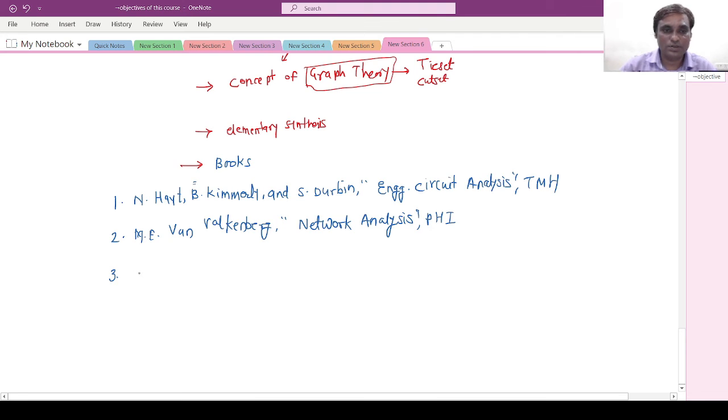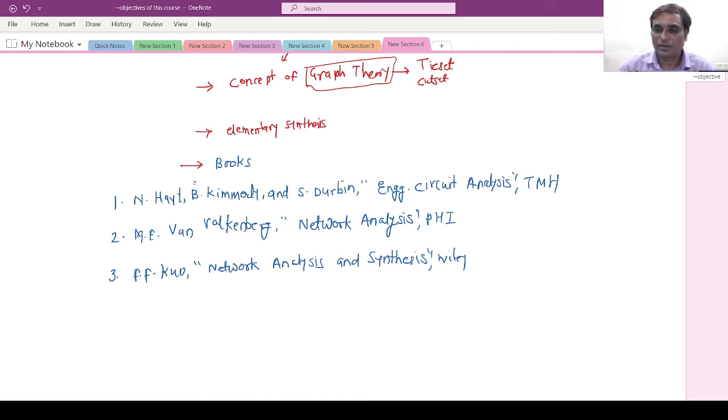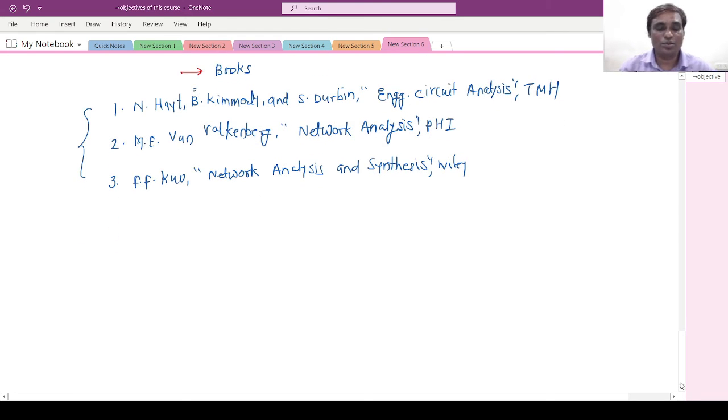The third book is Franklin F. Kuo, or FFK, and the title is Network Analysis and Synthesis. The publisher is Wiley. Okay, so these three books are enough for this course.